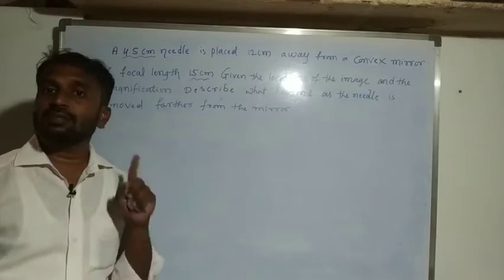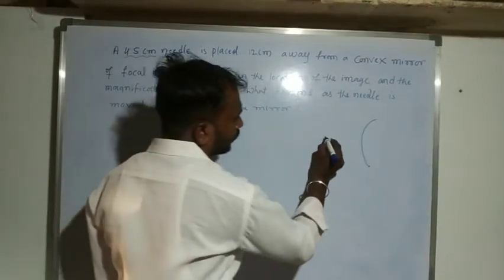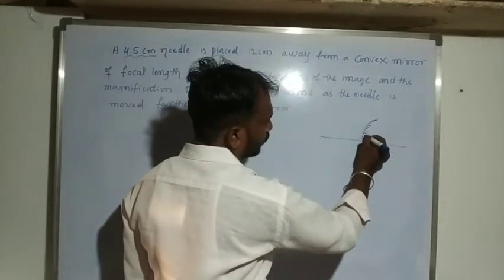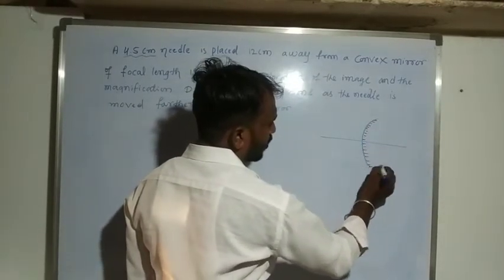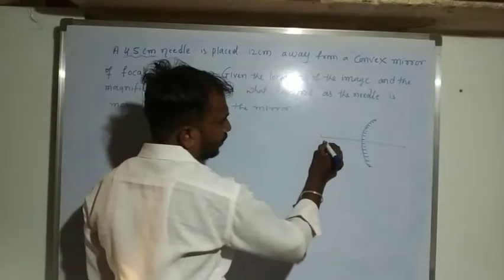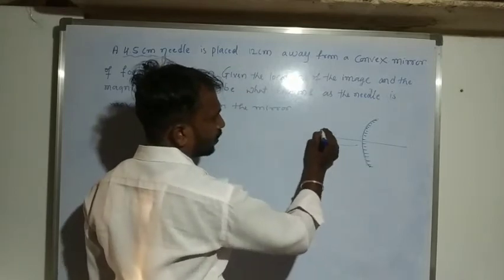It means principal focus. Suppose a convex mirror, inner surface is opaque, and an object placed 12 centimeter from a mirror. So this one is the object.